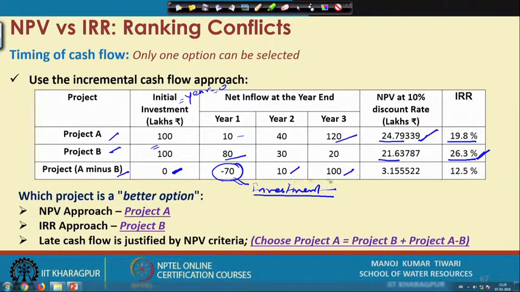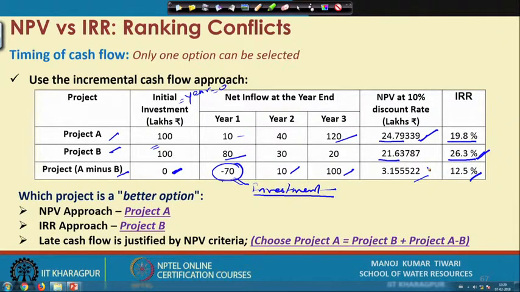By this logic, if you evaluate just project A minus B, we see that an investment of 70 lakhs in year 1, as opposed to returns of 10 and 100 in years 2 and 3, gives a rate of return of 15.5% and a net present value of 3.155 lakh rupees.